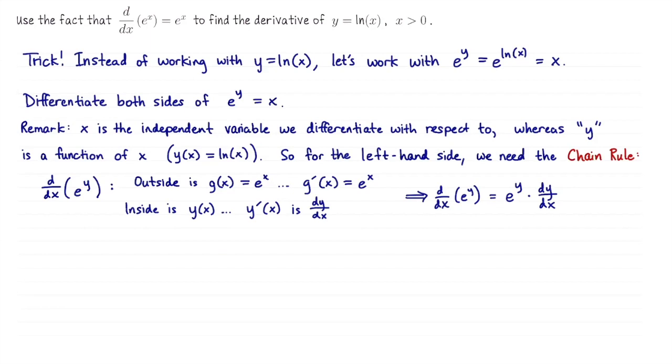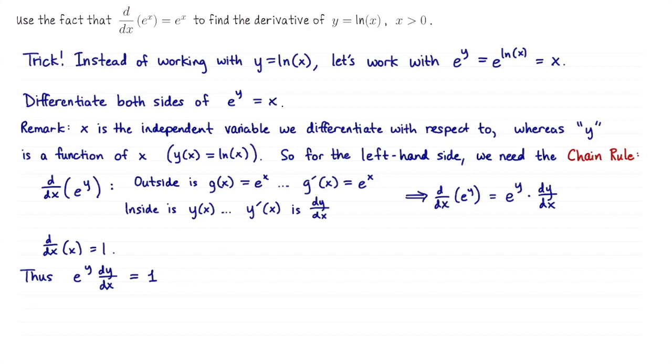The right-hand side is easy. That's just x. d dx of x is 1. So now we equate both sides and we can say that e to the y dy dx equals 1. dy dx is what we're looking for. That's the derivative of y equals natural log of x. We're trying to find the derivative of natural log.